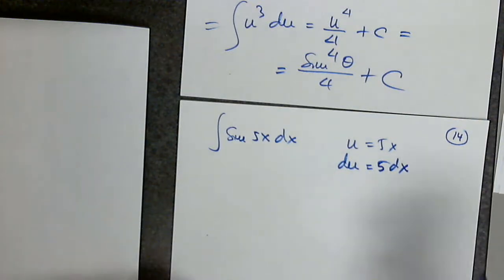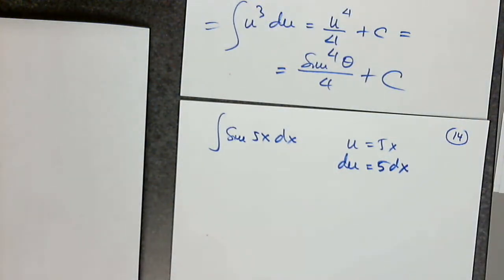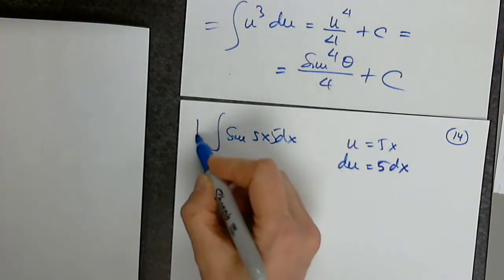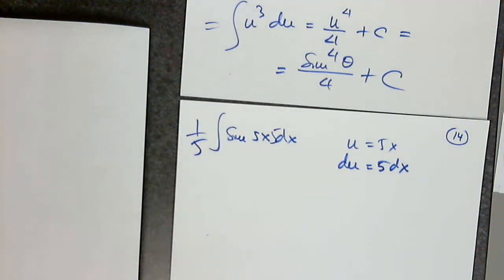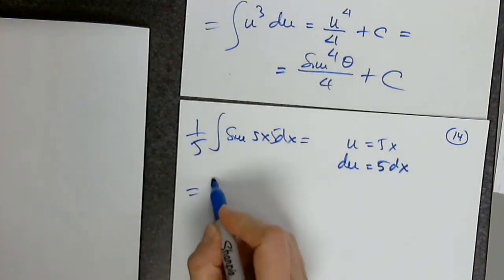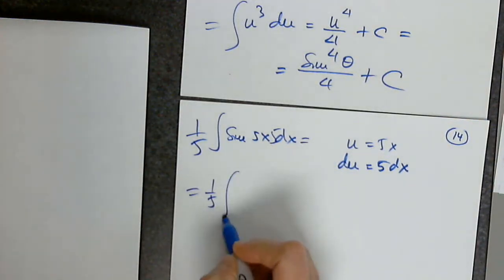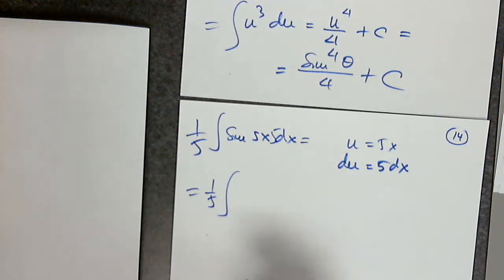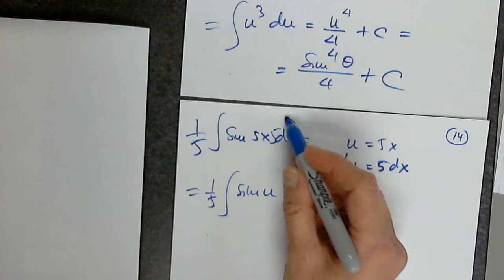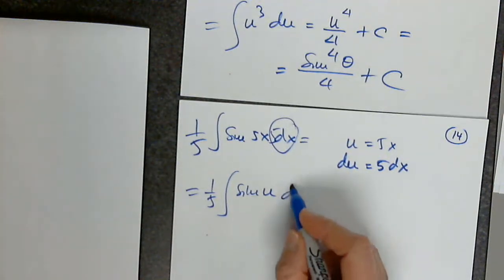5 dx. That's okay. 5 I can make up anytime. Multiply by 5, divide by 5, I can do anytime I want. So then this is 1/5, the integral from, right, because this is du.